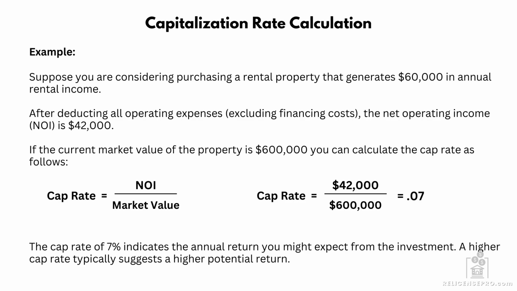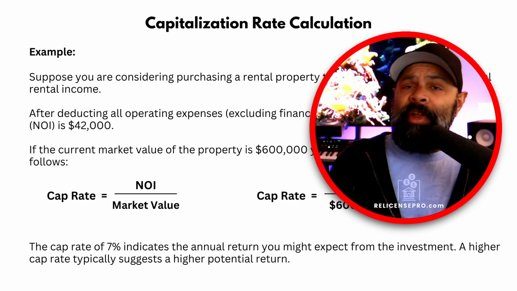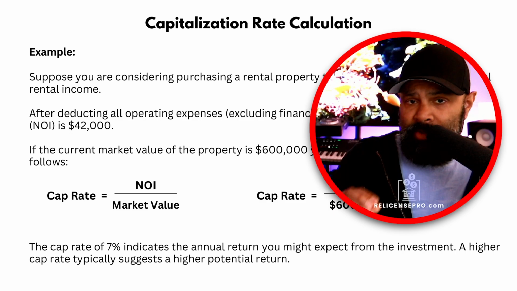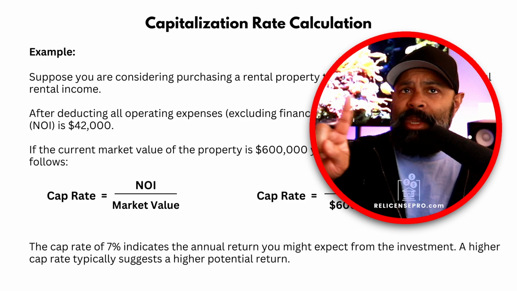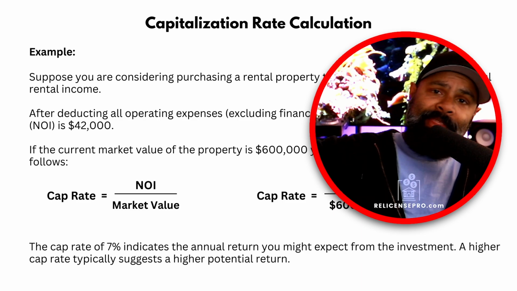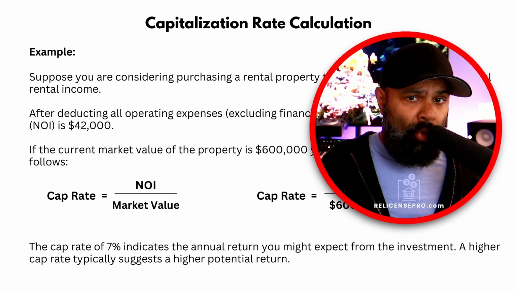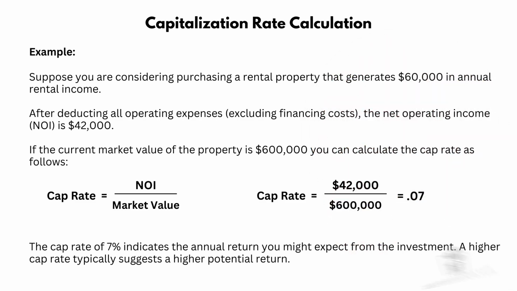If they gave you, as a sort of trick, a series of expenses, when we're figuring out cap rate, we exclude the mortgage payment, the debt service. They might list accounting, taxes, property management, mortgage payments; separate that one, kick it out, and add up all of the other expenses. Don't include the mortgage payment, leave that out. Add up all of the other expenses and then move forward with your calculations.